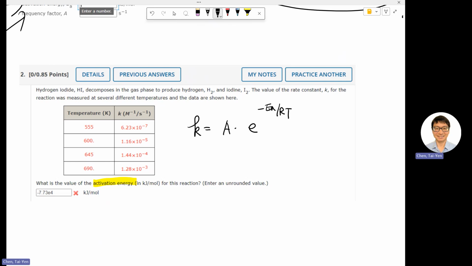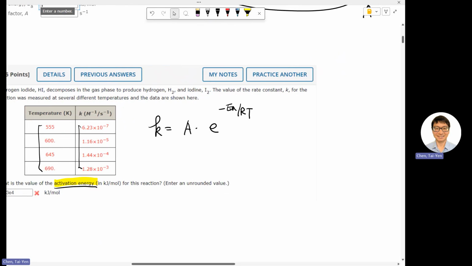That is the equation you need to use. In this specific question, it provides you different k and different temperatures, and asks you to calculate the activation energy. What you can do is similar to when we wrote out the question for the rate law.